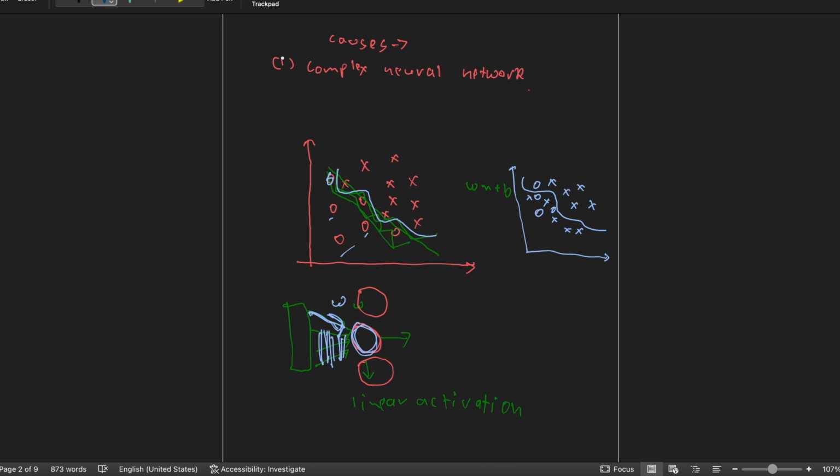But if we have a complex neural network with many lines, the complexity of our neural network will increase. For two neurons there will be two lines adjusting like this, and for three it will be like this. So when the complexity increases, curves are formed, and our model is learning the training data too hard.